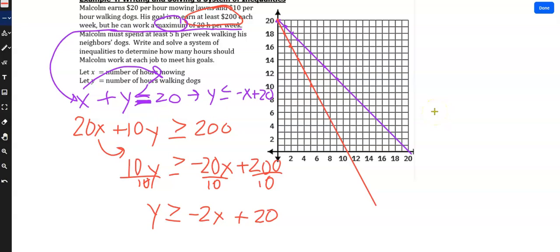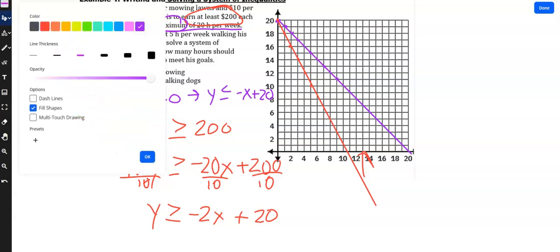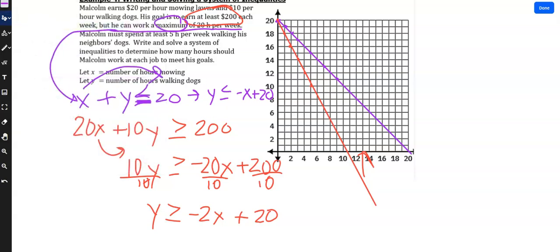Now, the red one, we're going to shade above the line. And the purple one, we're going to shade below the line. So you might think that's all we've got, but I think there's more information to look at.